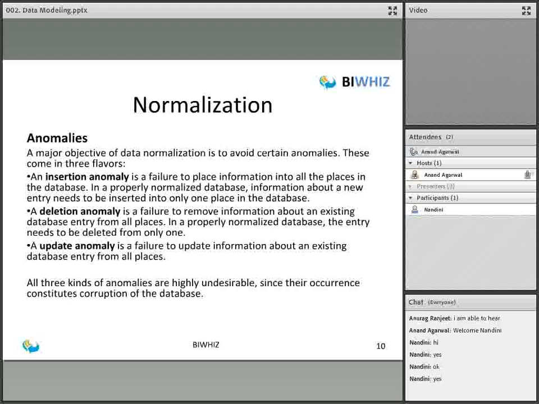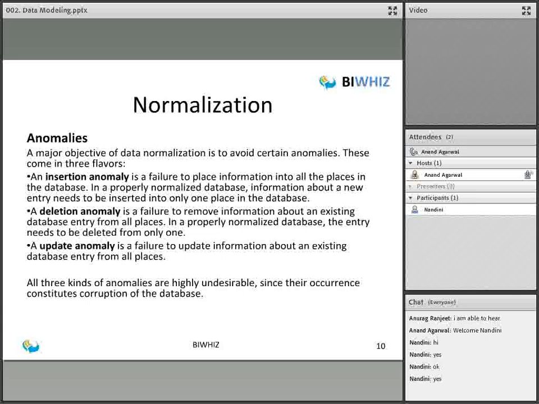If you want to update this customer information, you have to update it in all the places, and if by any chance you miss any one place, it would create an inconsistency in the database, right? This type of problem is called an update anomaly, and we definitely have to avoid it.